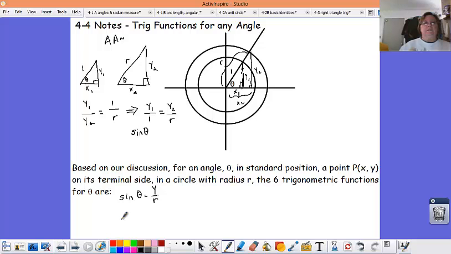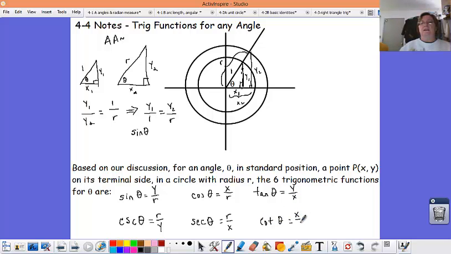The reciprocal function to sine is cosecant, and the cosecant of theta will be r over y. The cosine, x over r, the secant, r over x, the tangent of theta, it didn't depend on the radius to begin with, and it's still y over x, and the cotangent of theta is x over y.